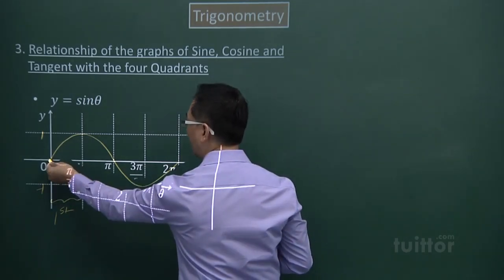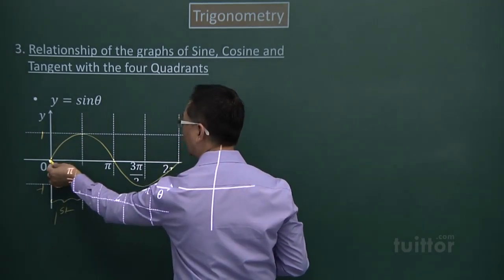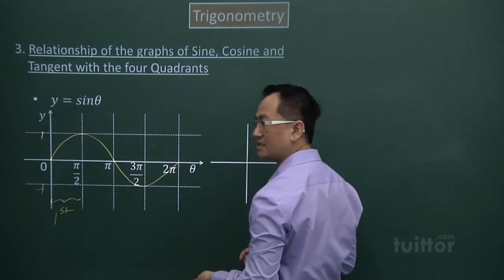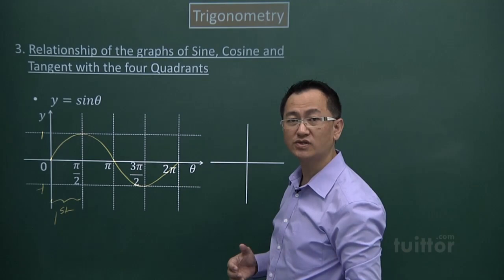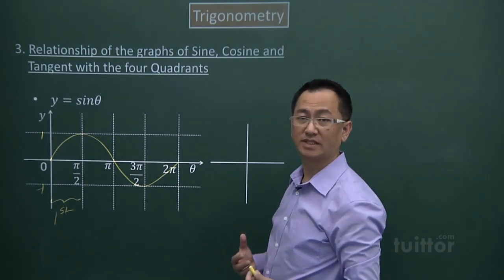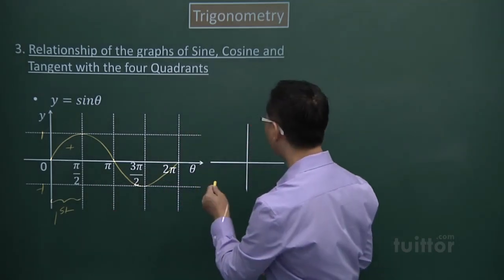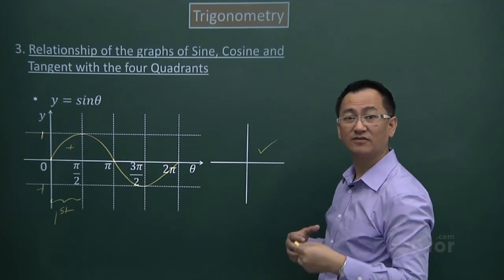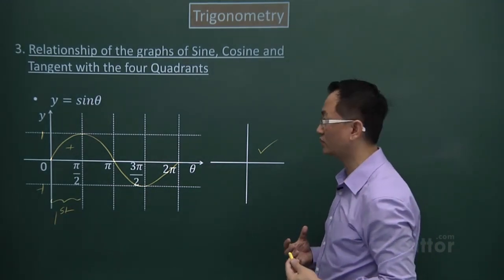So that is the first quadrant angle. Now you realize that for this particular section, the curve is above the x-axis. So what it says is that the y values are positive. So we remember in the first quadrant, the sine of first quadrant angles will give us positive values.